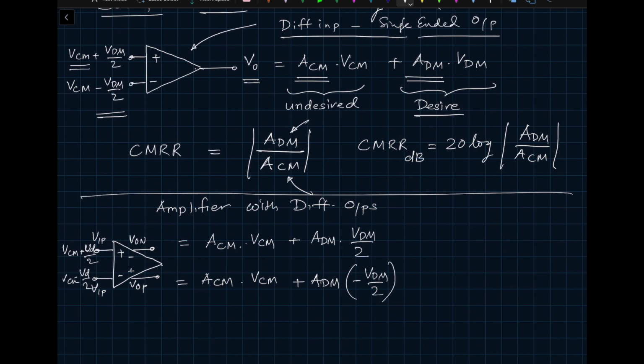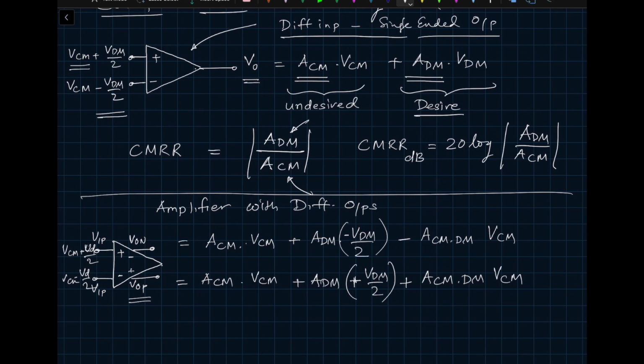Interestingly, I think I have made a mistake. This should be negative and this should be positive, because this is the positive output. And then on top of this, you will see something called ACM-DM times VCM. And here you will see minus. Let me do the signs again. This should be minus, this should be plus, ACM-DM VCM. This may look complicated, but hang on, I'll peel it slowly for you.